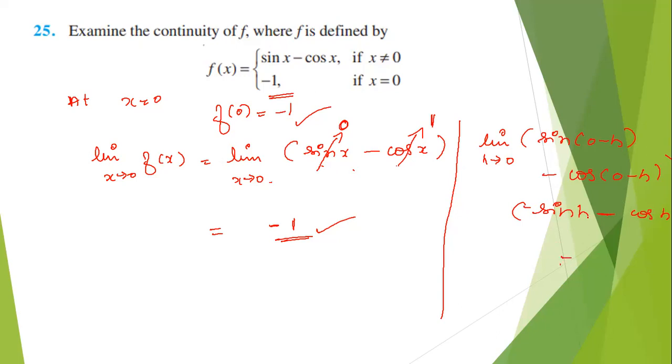This is anyway 0, so you get minus 1 itself. Even if you find the right hand limit, same thing. Wherever there is x, you put 0 plus h. So this is 0, and cos of 0 is 1, so again you will get minus 1 itself. So here the limit and functional value are the same. So this function is also continuous.